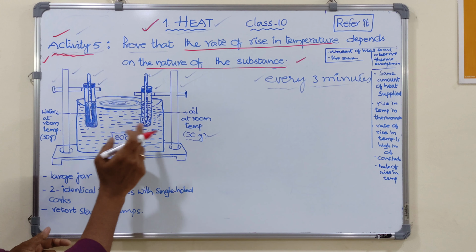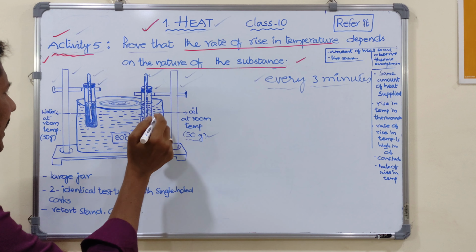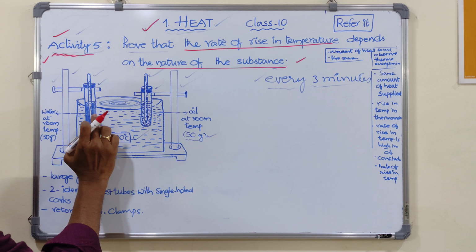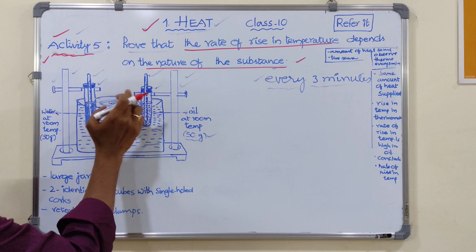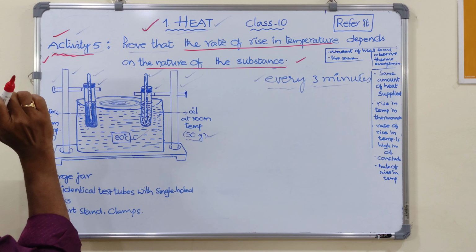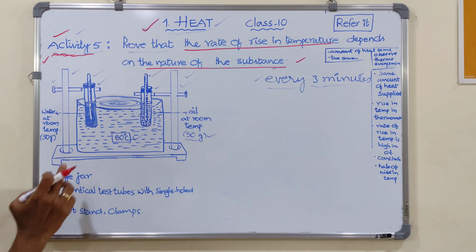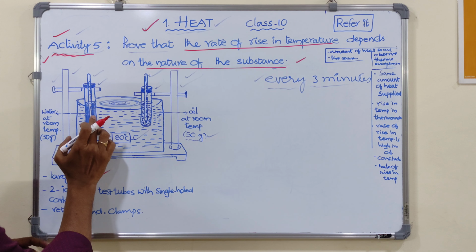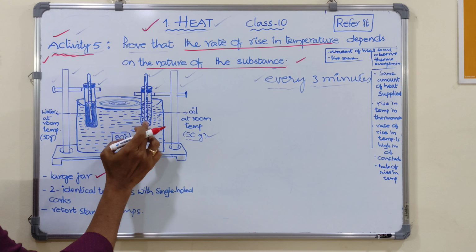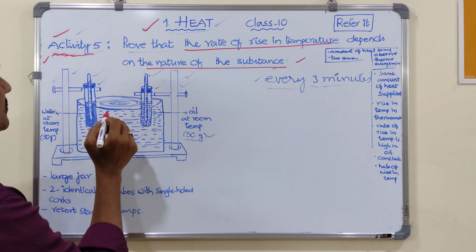In this picture you are seeing a large jar, and you are seeing 2 identical test tubes. I mean, these 2 test tubes are the same. These 2 are boiling test tubes. So, first one large jar, and the second one, 2 identical boiling test tubes with a single hole cork.